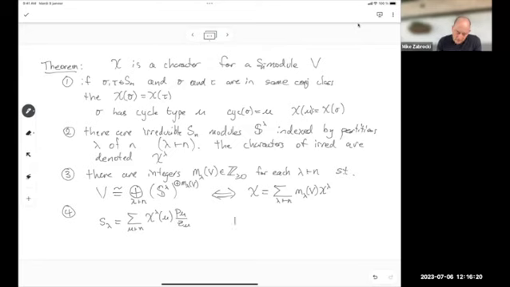And Rosso already gave this formula. p mu is equal to the sum over lambda partitions of n of chi lambda of mu times s lambda.